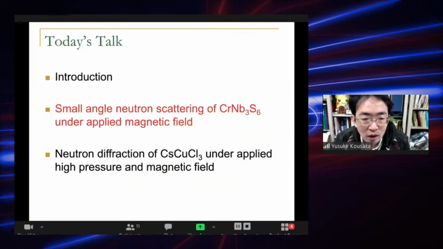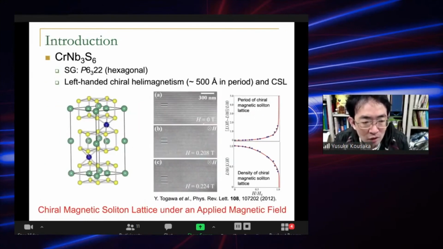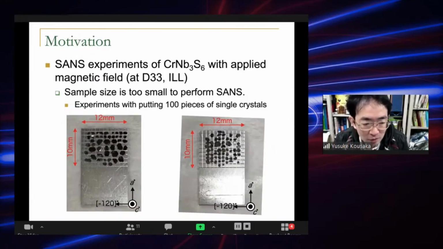So today we will go to the experimental results of the two compounds. The first one is chromium niobium sulfide. As I said before, it was reported that it can form the chiral magnetic soliton lattice by Lorentz microscopy. But it was very difficult to try neutron diffraction because the size of the single crystal is very, very small.